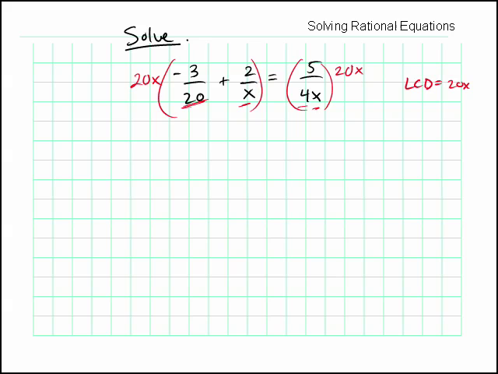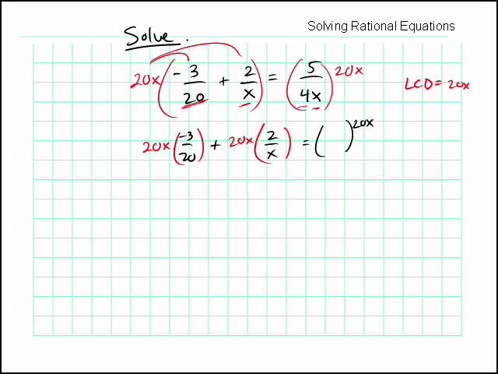Just like that. Now I distribute. 20x times -3 over 20 plus 20x times 2 over x equals 5 over 4x times 20x.